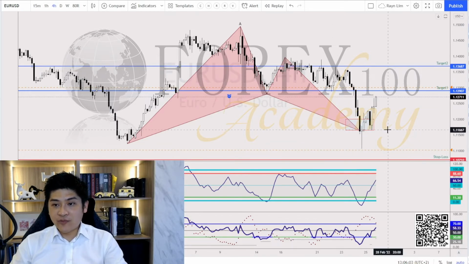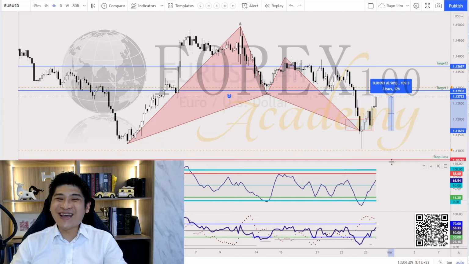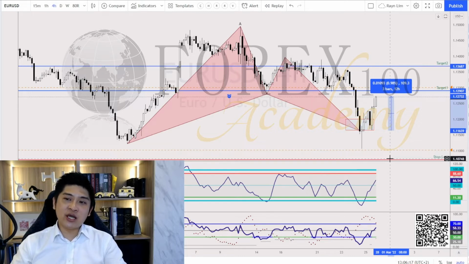This entire movement at this moment, 1163, all the way here, is already 109 pips or even 110 pips of profit movement. One very important note for traders: if you are trading one standard contract, you will say, whoa, I've earned $1,090, that is enough, I'm going to exit the trade.